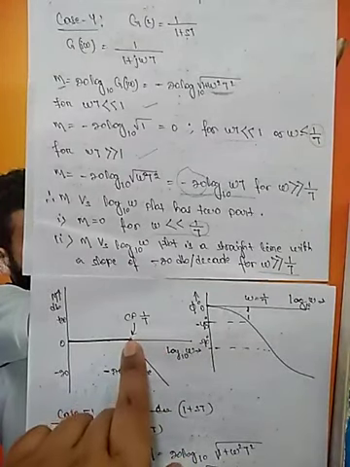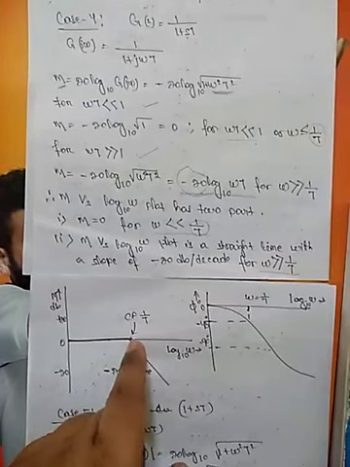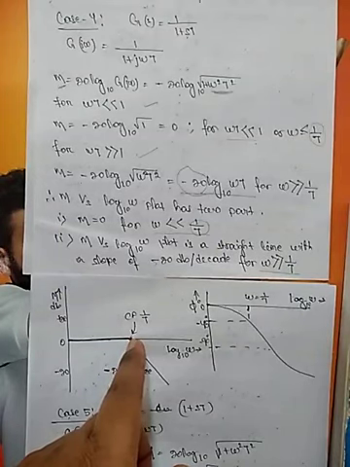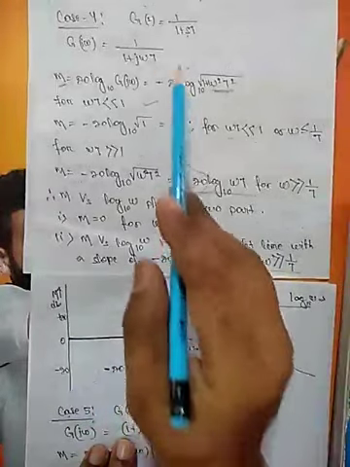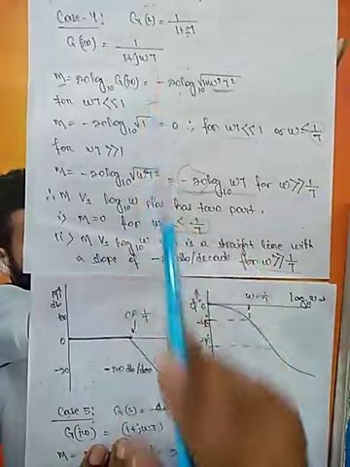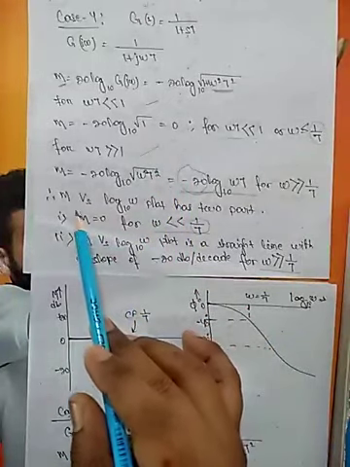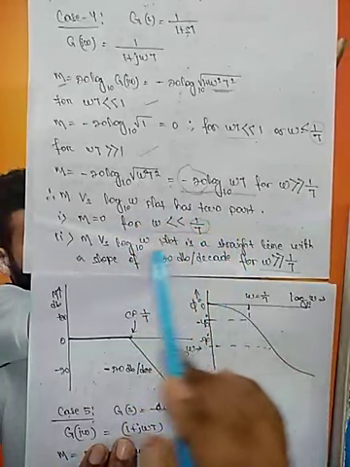Corner frequency is the frequency which divides two asymptotic lines, you may say. So for this open loop transfer function, its magnitude versus frequency consists of two parts.